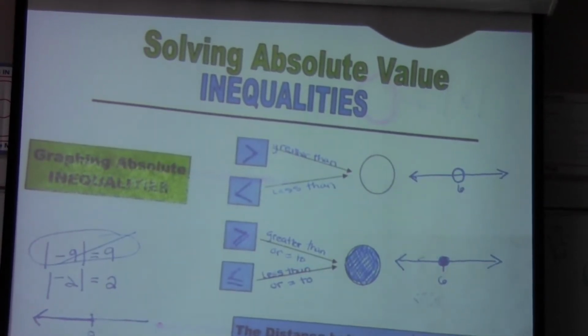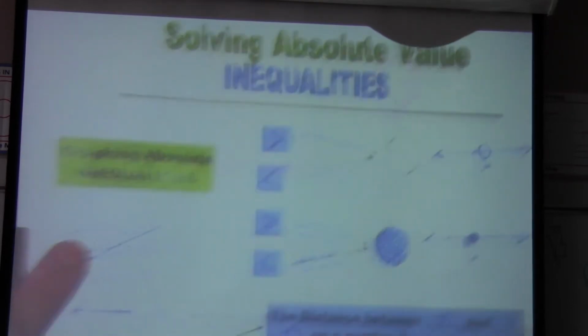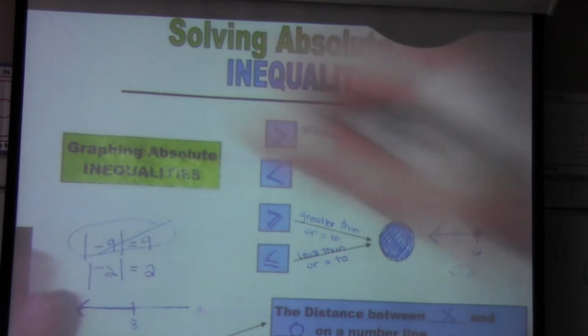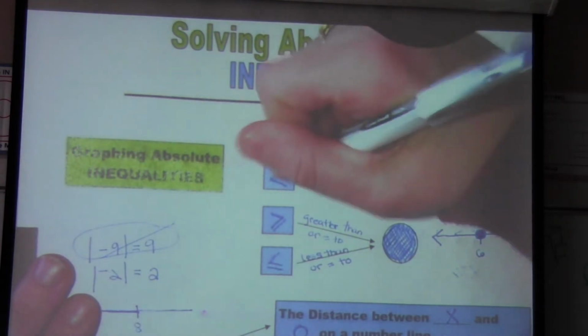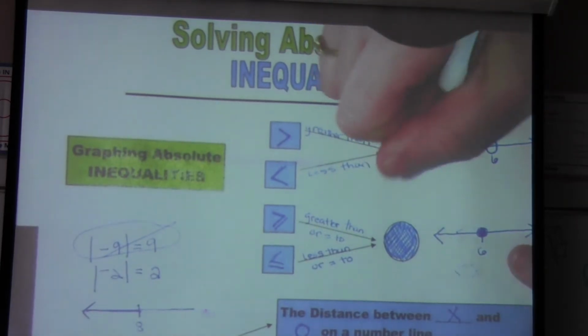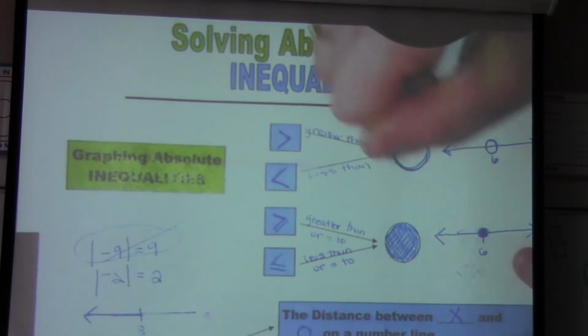Okay, we're going to talk about solving absolute value inequalities. I know this is review because we've already gone over it. When we are graphing absolute value inequalities, with a greater than mark or a less than mark, you leave it as an open dot.